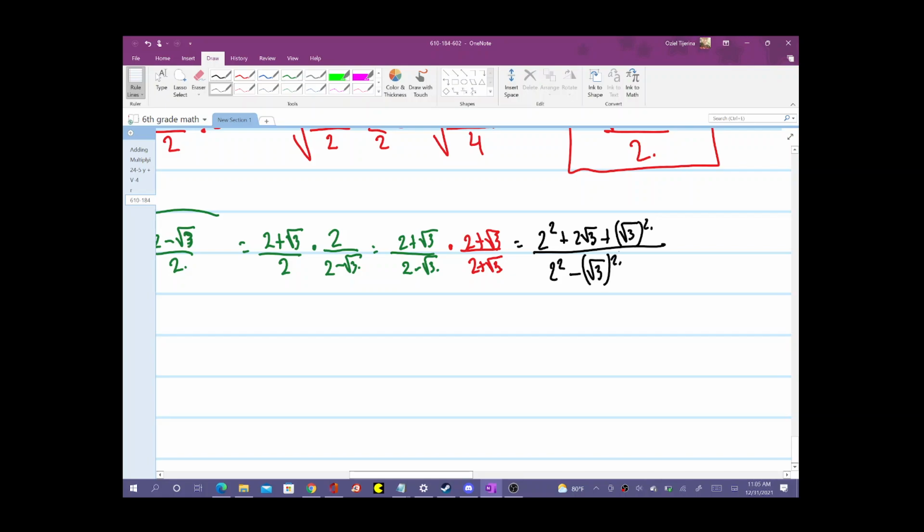The way that I got that again is a squared minus b squared equals a plus b times a minus b, and a plus b squared equals a squared plus 2ab plus b squared.